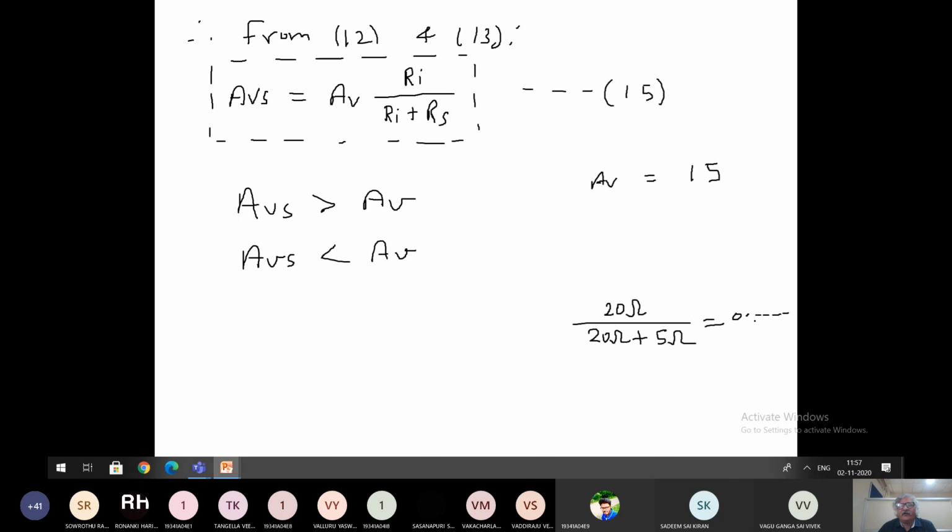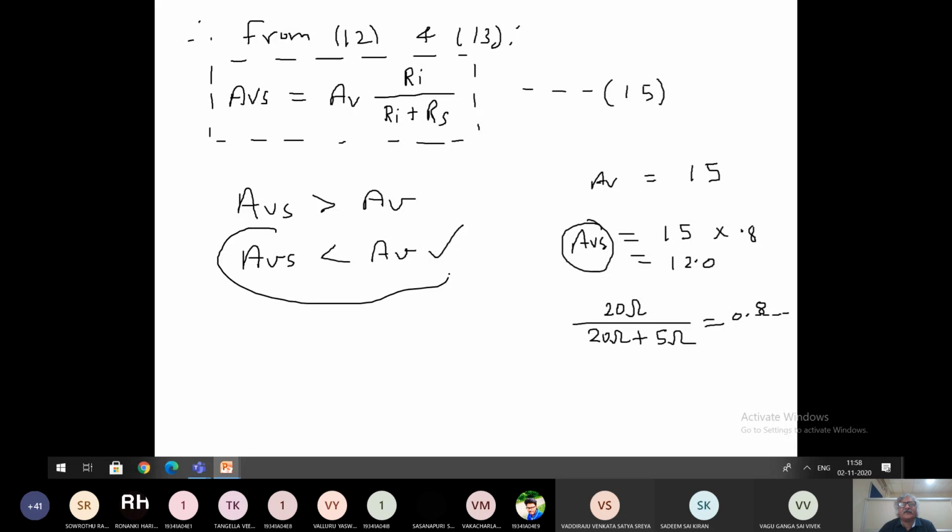So 0.8, sir. Okay, 0.8. You multiply this by 15. AV is 15 multiplied by 0.8. What will we get? 12. So AVS is always less than AV.